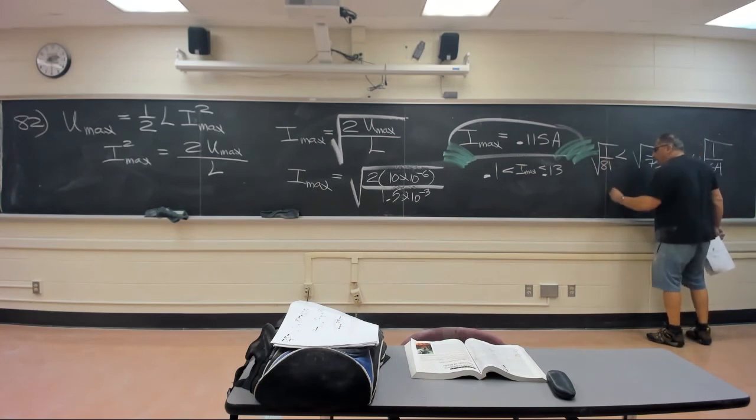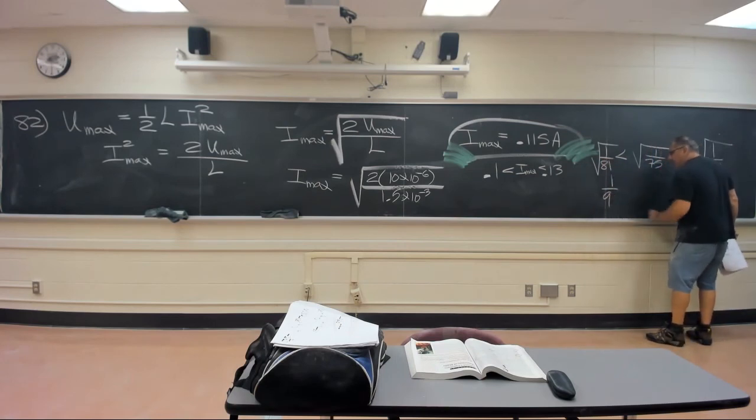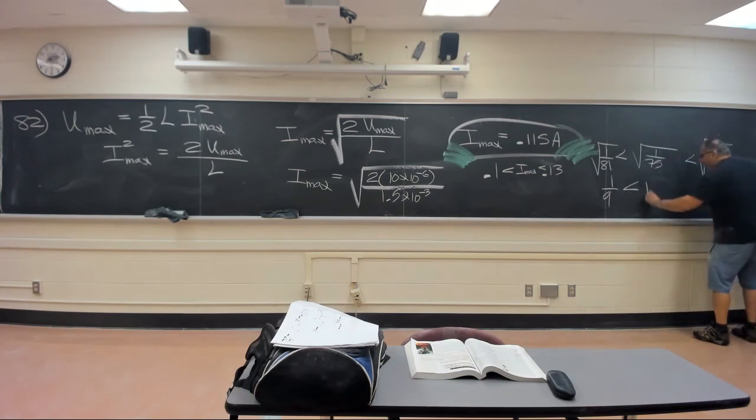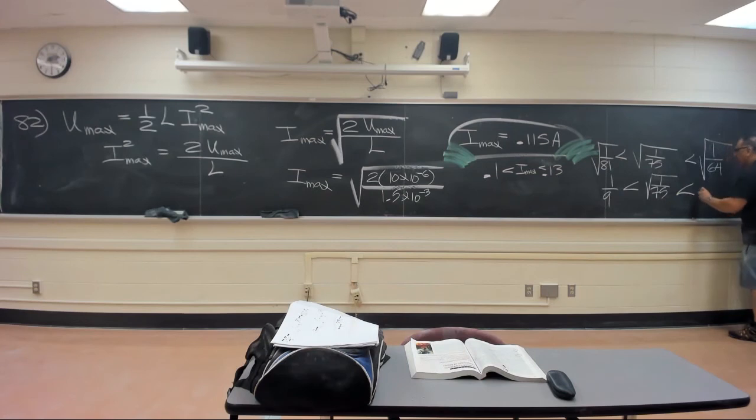The square root of 1 over 81 is 1/9. I'm trying to get some ballpark idea so I don't get some absurd answer. The square root of 1 over 64 is 1/8.